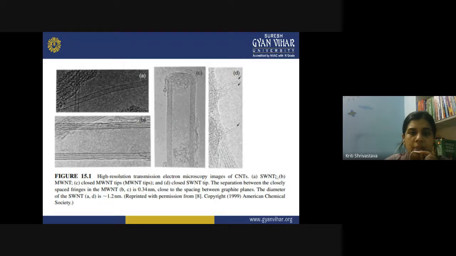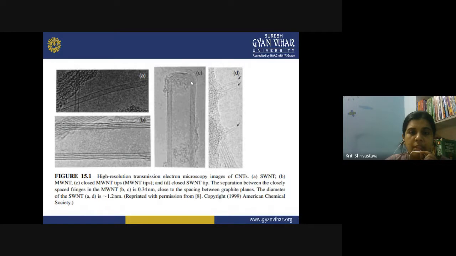In diagram B, you can see a multi-walled nanotube, so many pipes put together. This is nothing but concentric single-walled nanotubes. In part C, you can see the closed multi-walled nanotube tips.